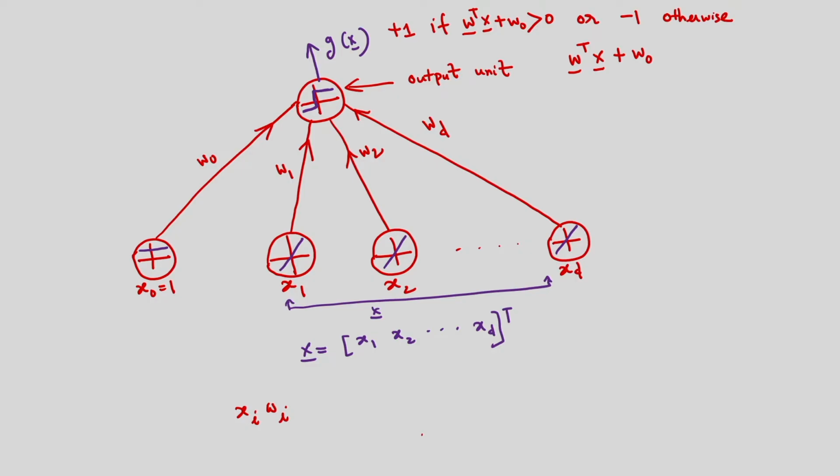Now let us see what the meaning of g(x) is. What is the discriminant function? It is the algebraic measure of x, the feature vector, from the hyperplane H. So what is the meaning of this?